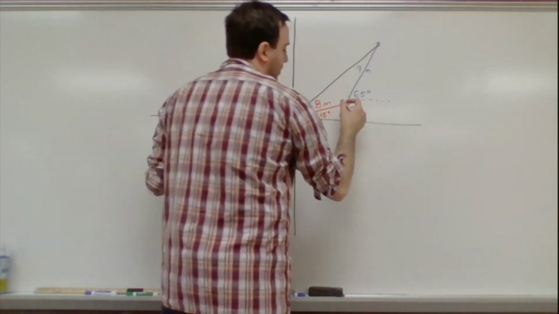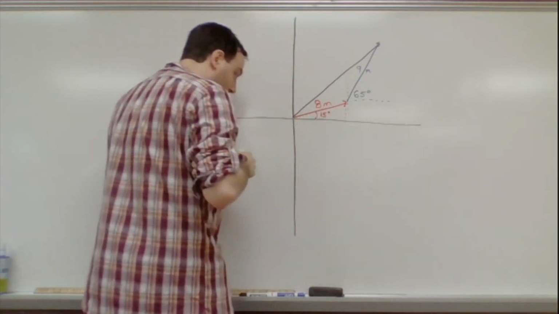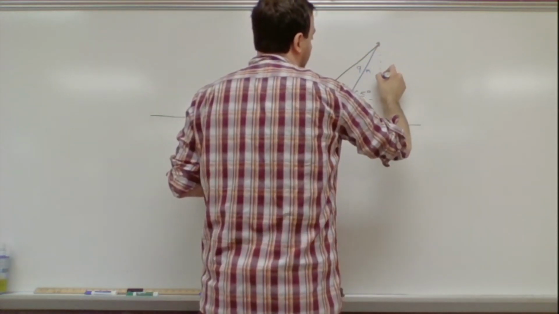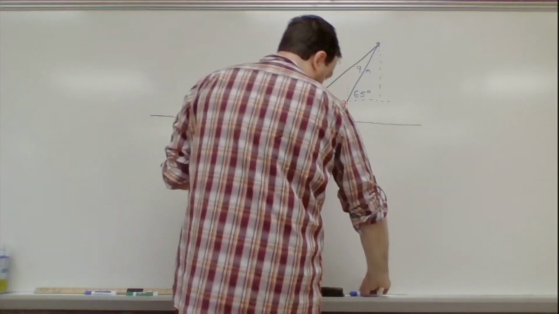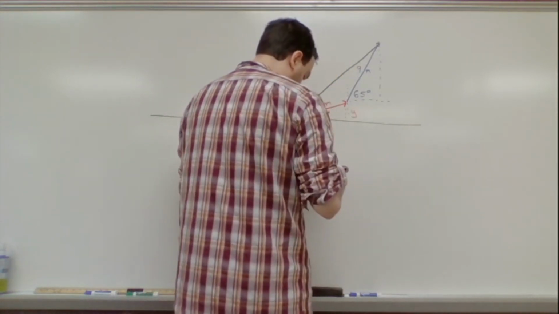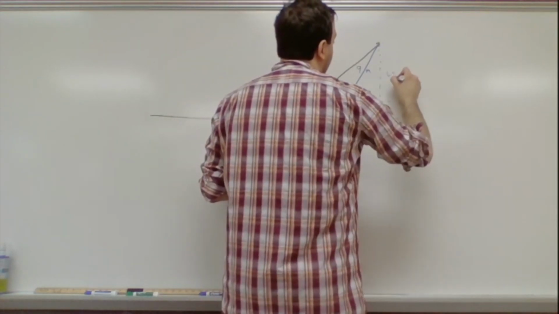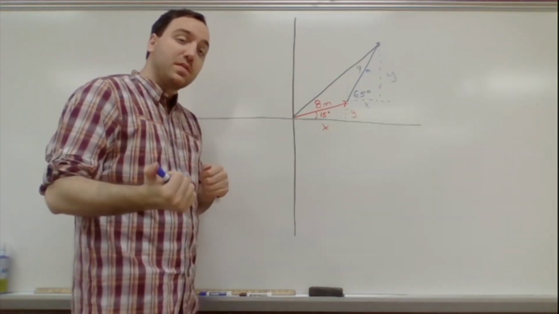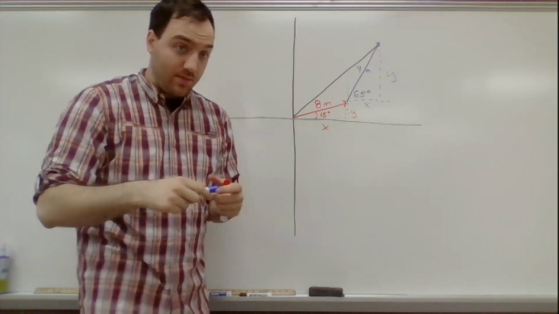We're going to break the red into parts using sine and cosine. And we're going to break the blue into parts using sine and cosine. So let's go ahead and just label these x, y, x, y. So all we need to do is do everything we were doing in the last video twice, or however many times we have vectors.